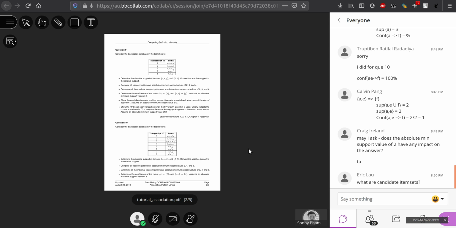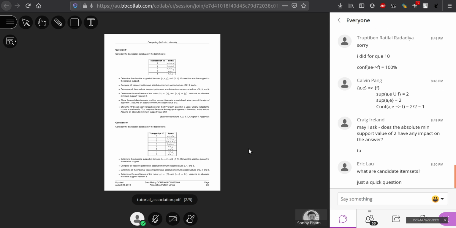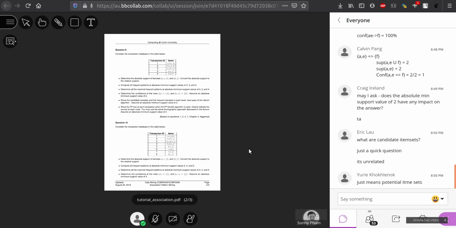Candidate item sets. Sorry, Eric, I'm not sure. Oh, there's a candidate item set. Remember, the candidate item sets are basically potential item sets in the a priori algorithm, which we showed before, right? So remember, when we go from level 1 to level 2, in that example, every possible enumeration of item sets with two items are candidates.